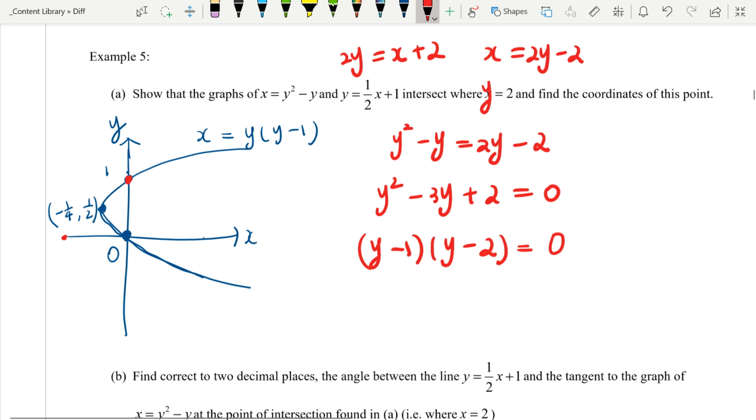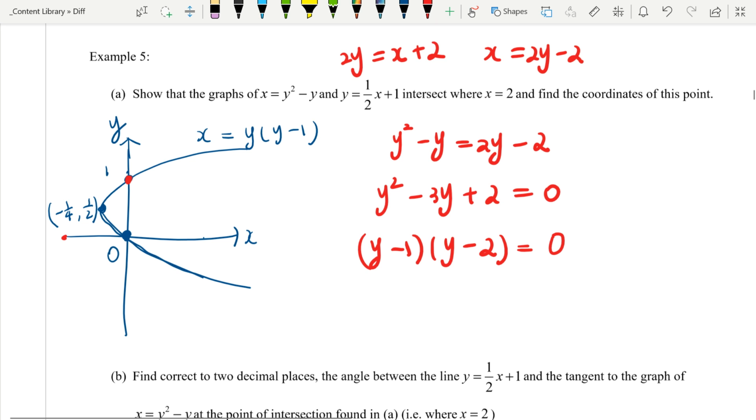Sorry, that's y equals 2. It intersects where y equals, it shouldn't be x. So the typo should be y. Just solve it, I think it won't make a difference. No, it's 2, coordinates 2. So x equals 2 makes sense.